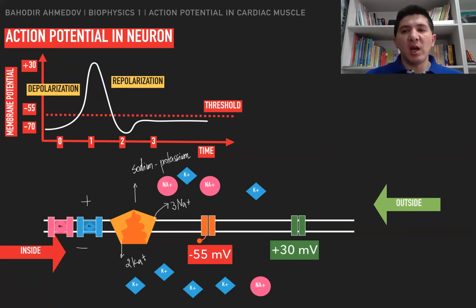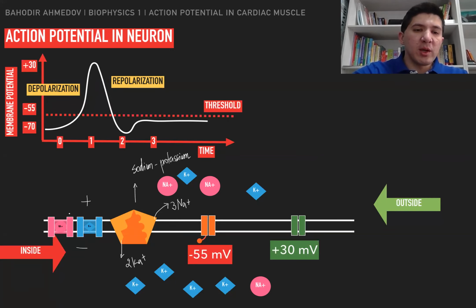So you need to imagine that we have a bunch of these pumps, which are always taking away +3 charge and taking in +2 charge. Obviously, in the long run, we're going to have less charge inside the cell. That is why we have the negative membrane potential inside the cell.